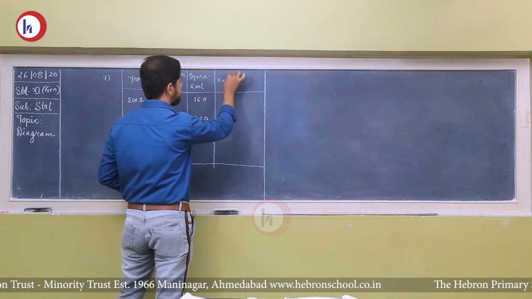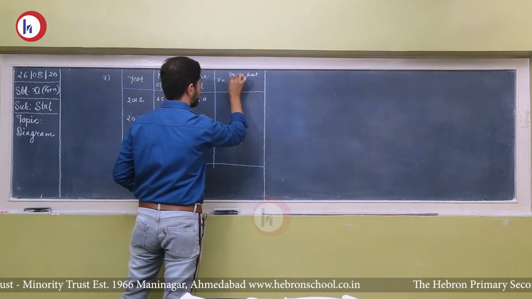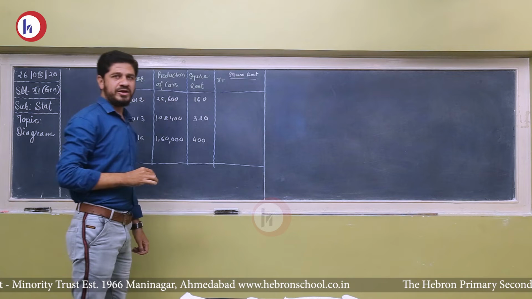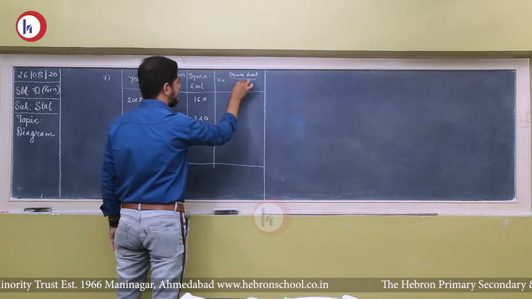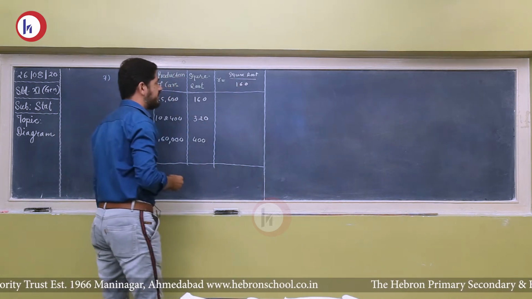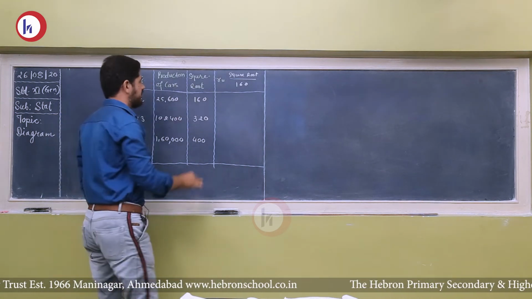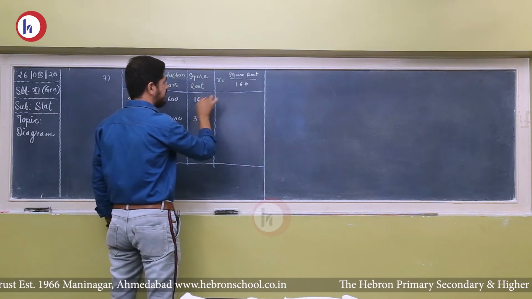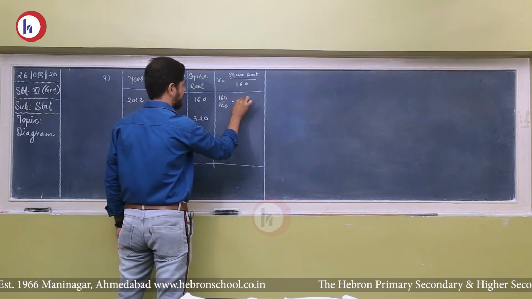So to find the radius, we will divide the square root by a suitable value. Suppose we took 160. So we will divide each value by 160. So 160 divided by 160 is 1.0.